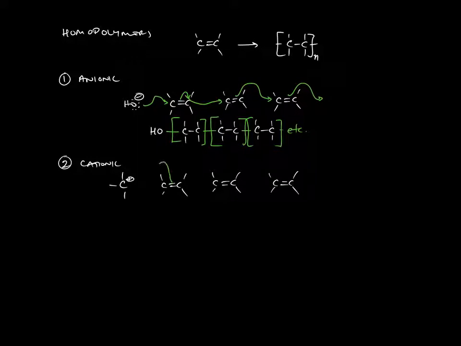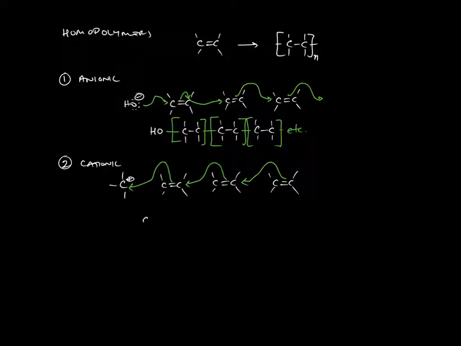So this alkene would be attracted to your cation, and that would leave this carbon right here without enough electrons, which would pull electrons from the next alkene, which would leave this carbon without enough electrons, which would pull electrons from this alkene, etc.